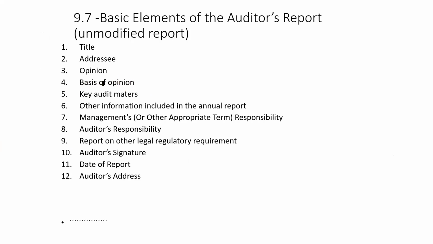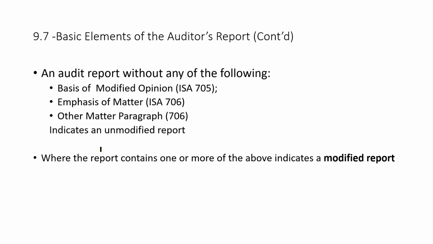It's likely to be basis of what? Modified opinion. And in a modified audit report, you are likely to see an other matter paragraph or emphasis of matter paragraph. You realize that those things are not here. So what you see here is the basic elements of an unmodified audit report.